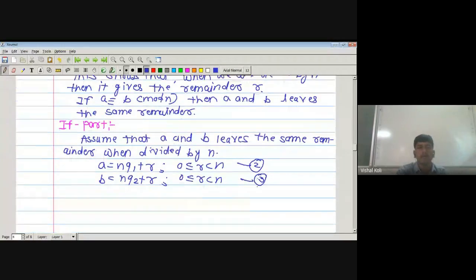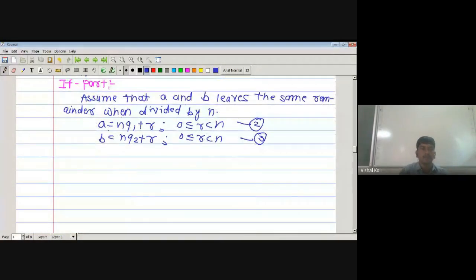Okay, now we have to prove that A is congruent to B modulo n, and for that we have to check whether n divides the difference of these two integers A and B. For that, let us subtract equation 3 from 2.